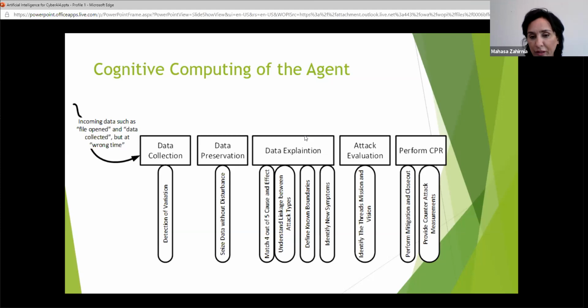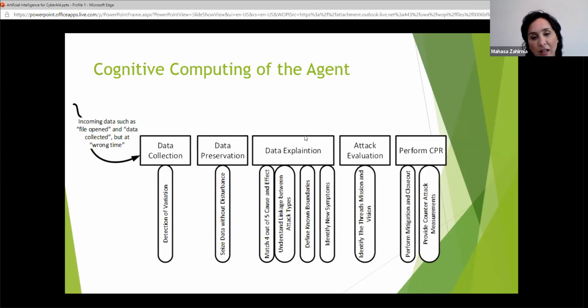It takes a preservation of the data. It takes a snapshot of what is going on. And then it starts explaining the data. It builds the attack tree. It builds the 4 out of 5 matches for a cause and effect. It creates the boundaries, and it starts doing the symptoms analysis. It's exactly the same thing as a detective does.